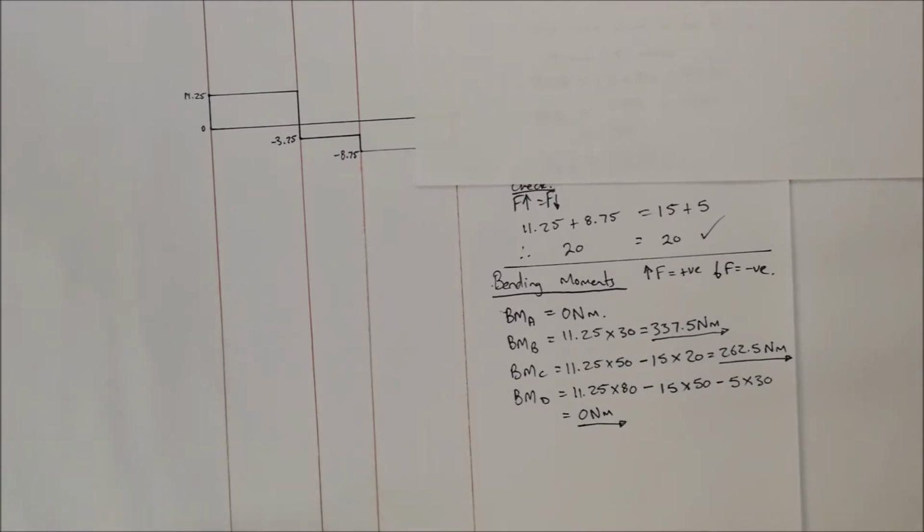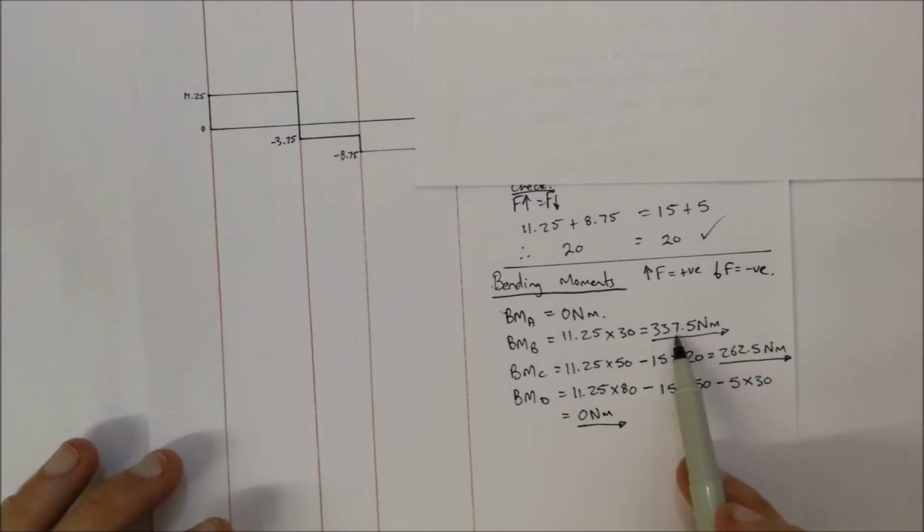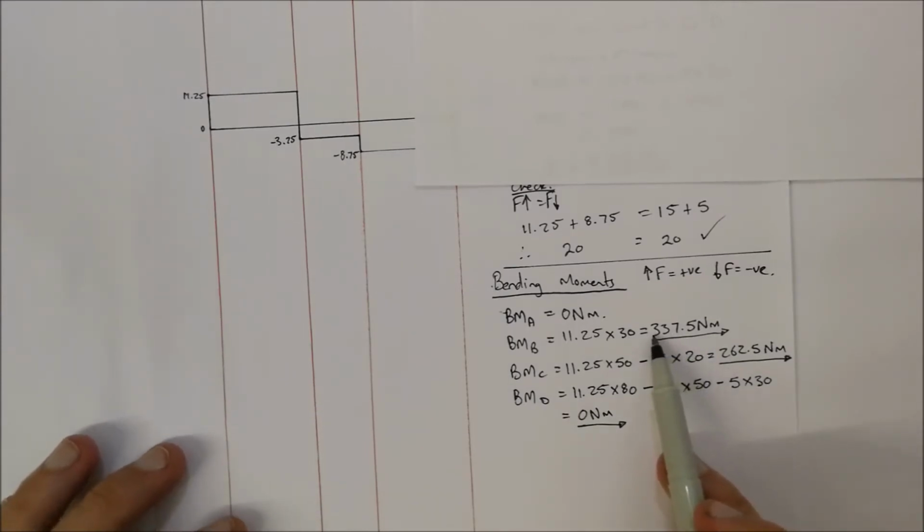Alright, so now that we've done this, we are going to need to plot it. Okay, so this is where it becomes a little bit tricky. We're going to have to use a scale because we've got forces of 337 newtons here. So I want that to be estimated as 33 millimeters.